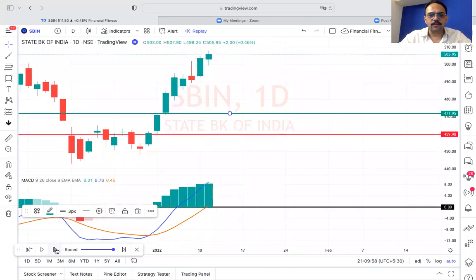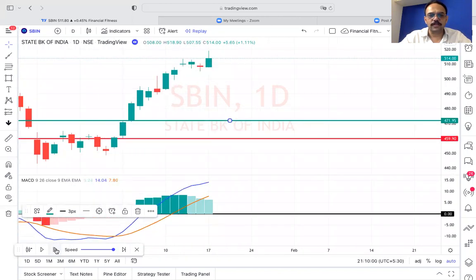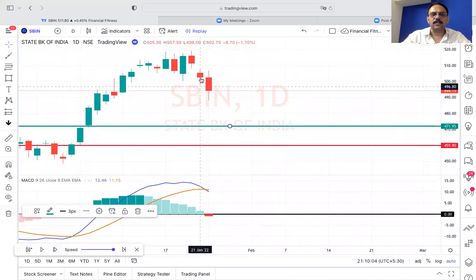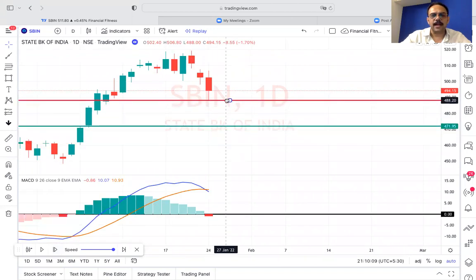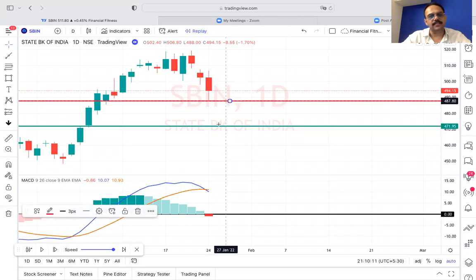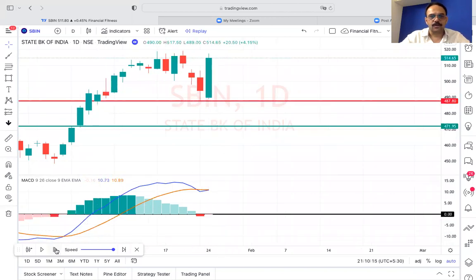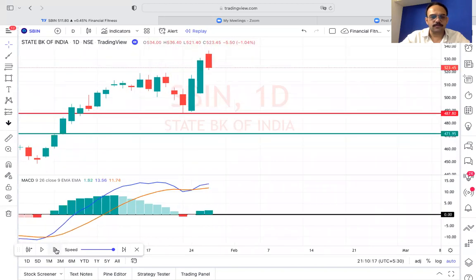We are waiting for it to cross below. So let's see. Now it has crossed below. Our stop loss will move here. And if it closes below this, we will exit. Otherwise, we are still in the game. Okay, so it has gone up.